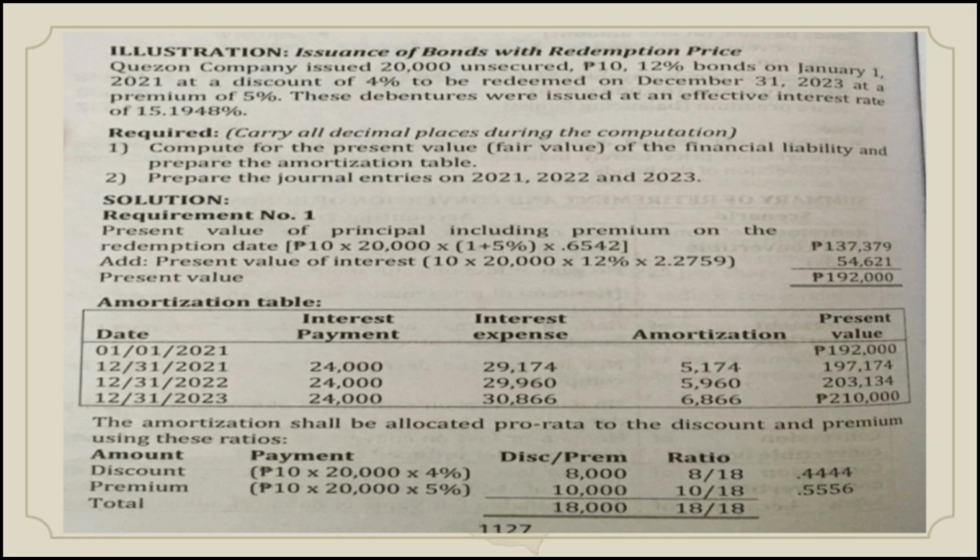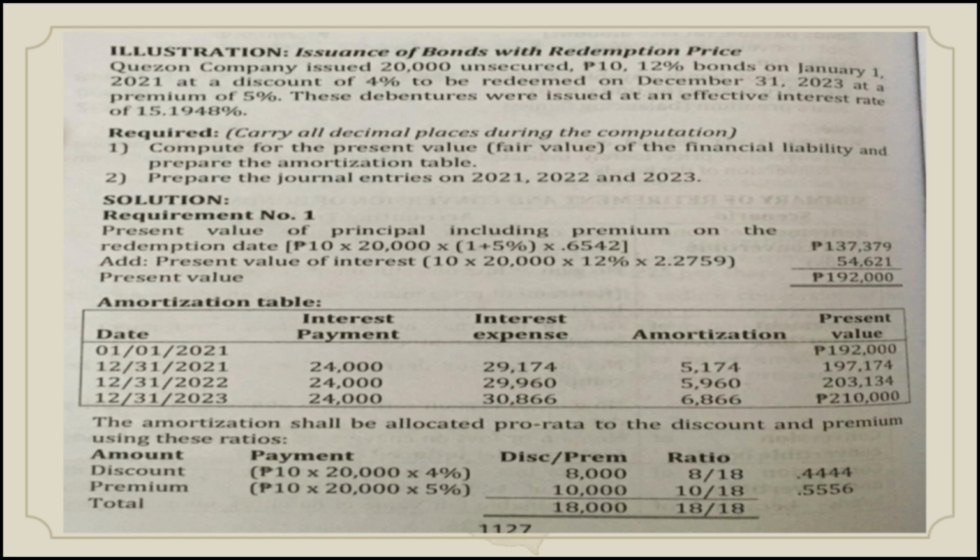The present value of interest is equal to 54,621. So we add the present value of principal including premium and the present value of interest: 137,379 plus 54,621. So we have a present value of 192,000 pesos.